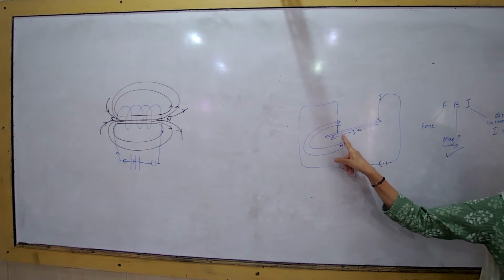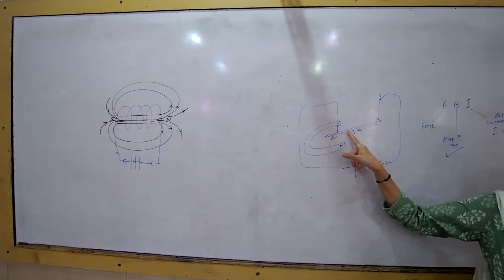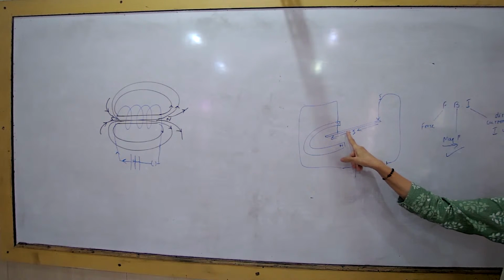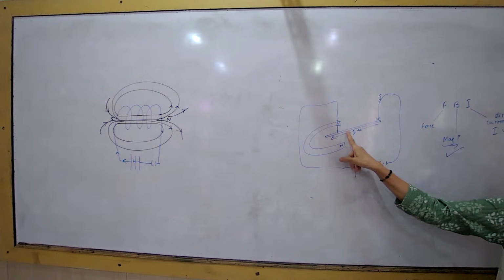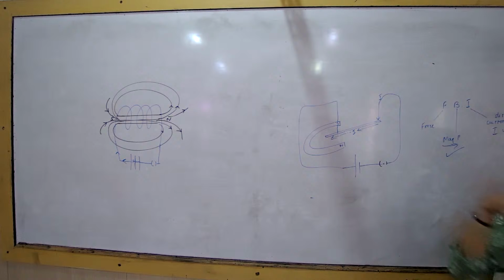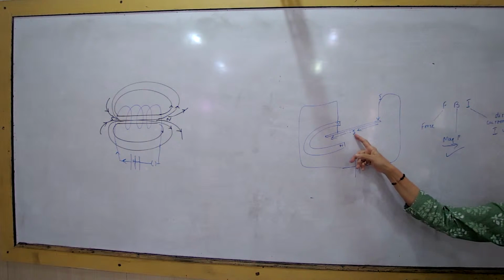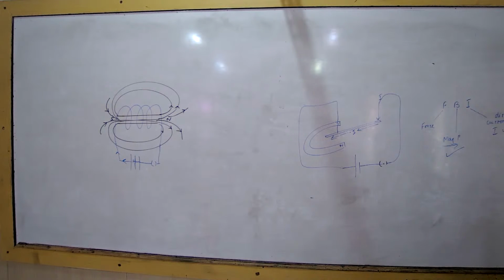Is there any other way by which we can change the deflection here? Did you pay attention to what we were reading? See that last line. The last line that we read now, right here. Is there any other way by which we can change the direction of deflection?